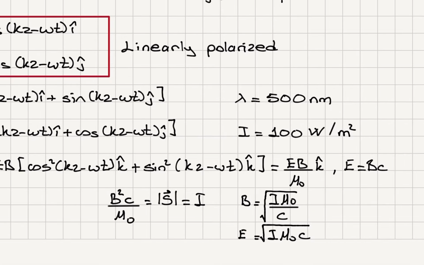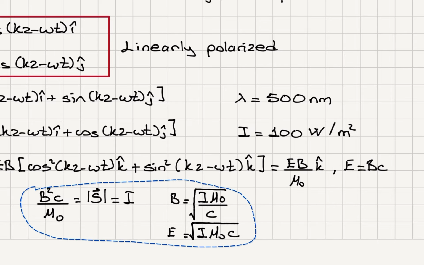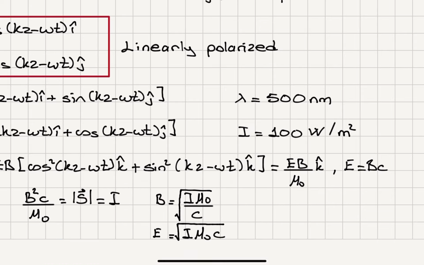So substituting the numbers, for the magnetic field B we will have intensity 100, times 4 pi times 10 to the minus 7, divided by the speed of light, 3 times 10 to the 8 meters per second. We take the square root.